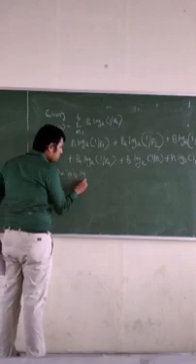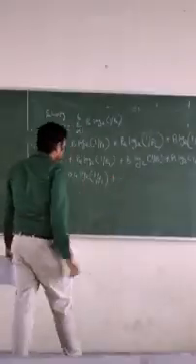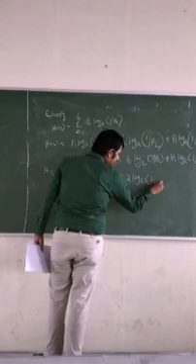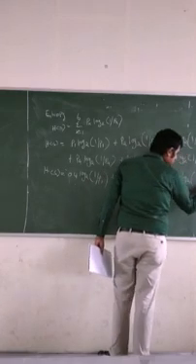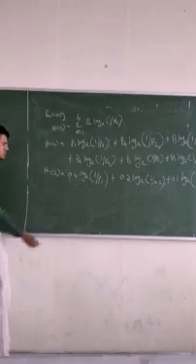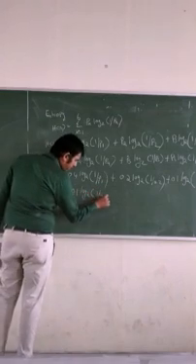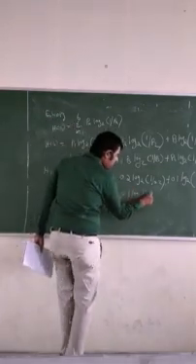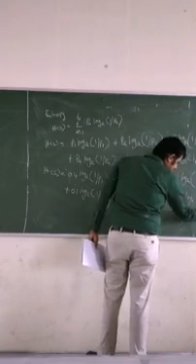H of S is equal to, what will be P1? 0.4 log base 2 of 1 by 0.4 plus 0.2 log base 2 of 1 by 0.2 plus 0.1 log base 2 of 1 by 0.1 plus 0.1 log base 2 of 1 by 0.1 plus 0.1 log base 2 of 1 by 0.1 plus 0.1 log base 2 of 1 by 0.1.